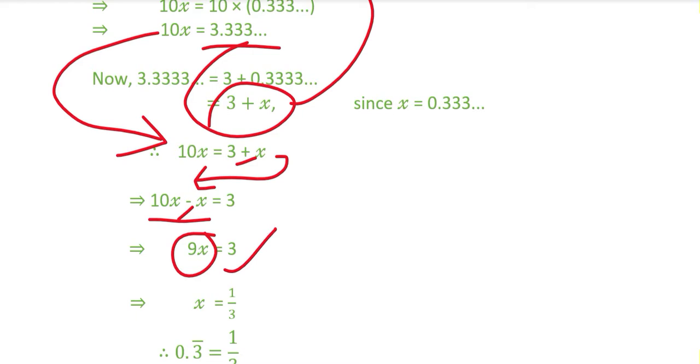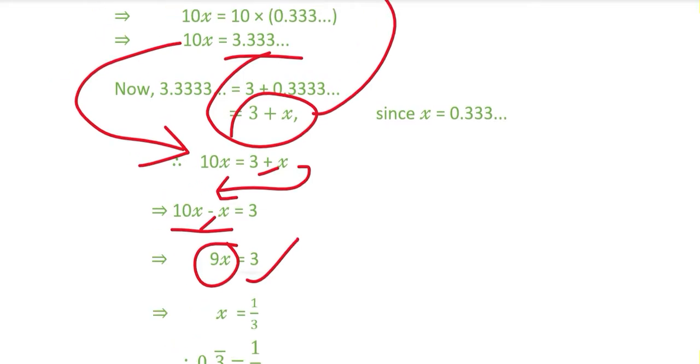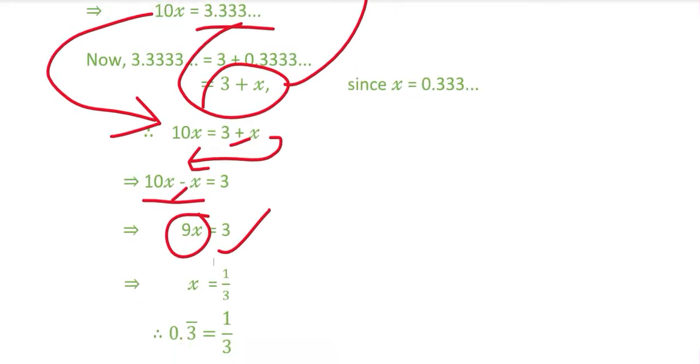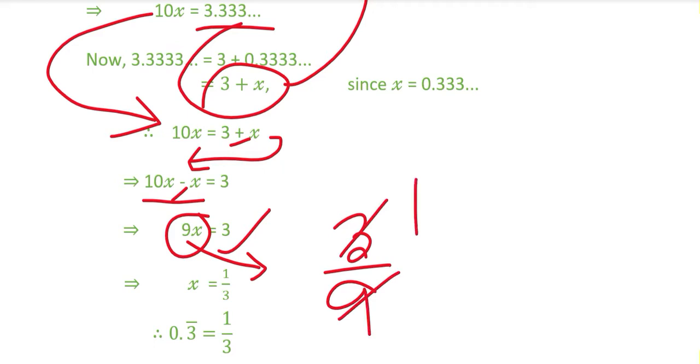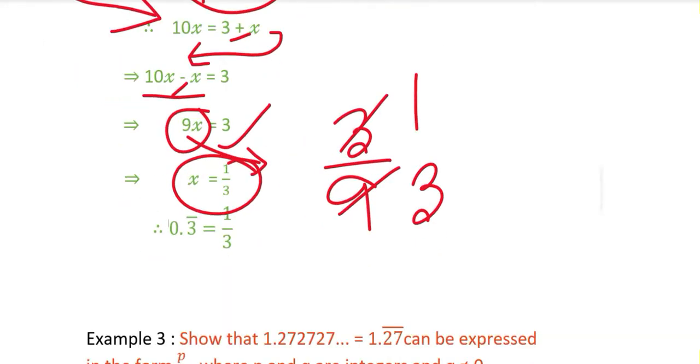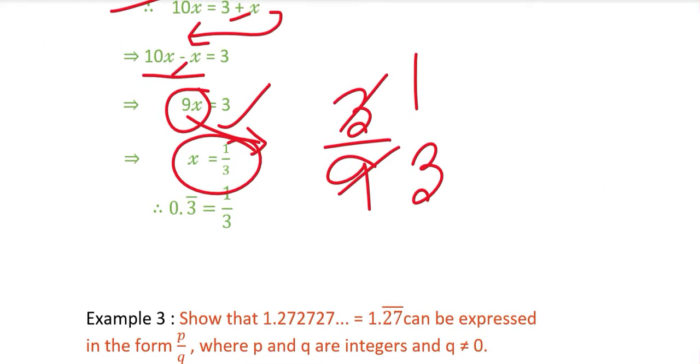When we bring this 9 to the right hand side, it becomes 3 by 9, right? On cancelling it becomes 1 by 3. So directly we can write x is equal to 1 by 3. What was x? x is equal to 0.3 bar.